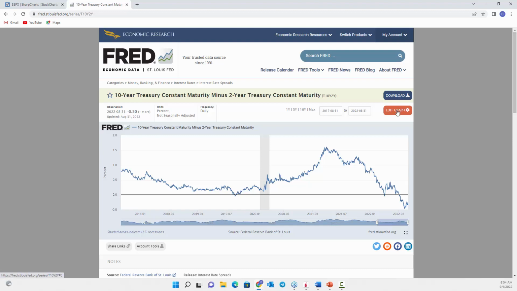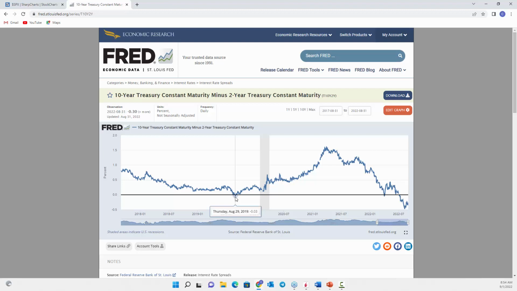Now, look at this chart, and what do you see? So here's the 0%. The 10-year Treasury constant maturity minus the 2-year. On occasion, it will dip below 0. And that's basically your backwardation, aka your inverted curve.